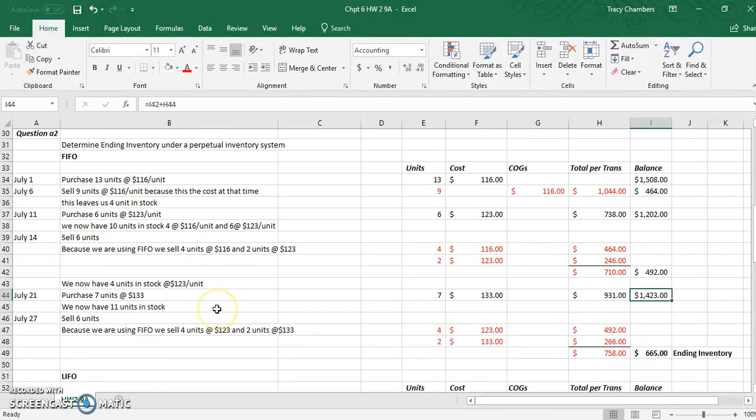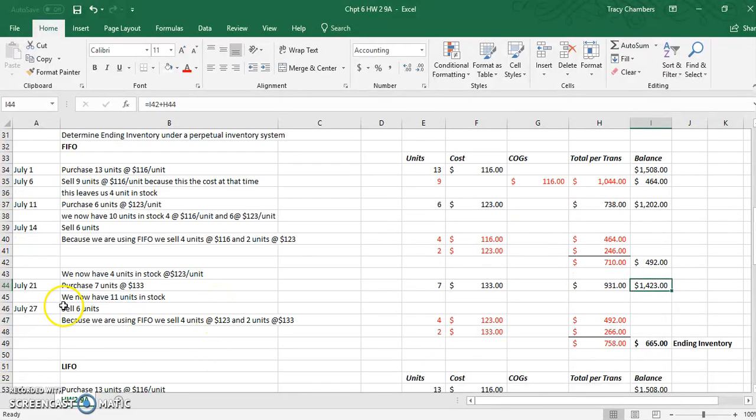On July 27th, we sell 6 units. And because we're using FIFO, we sell 4 units at $123 and 2 units at $133. That is because of the units that we purchased at $123, we only have 4 of them left in stock. So we sell those 4 first, and then we add 2 to them from the 7 that we've purchased.